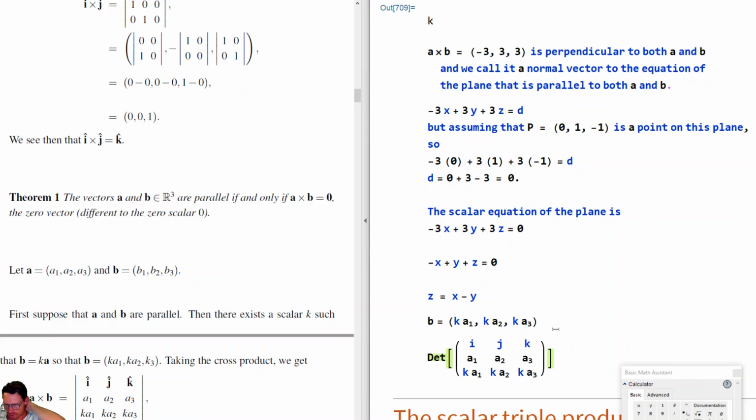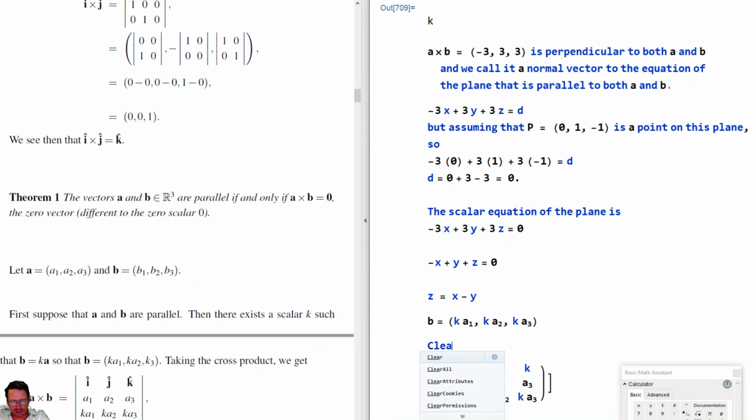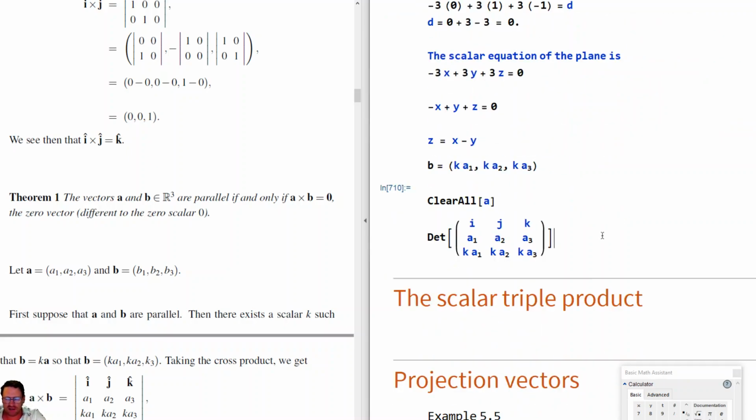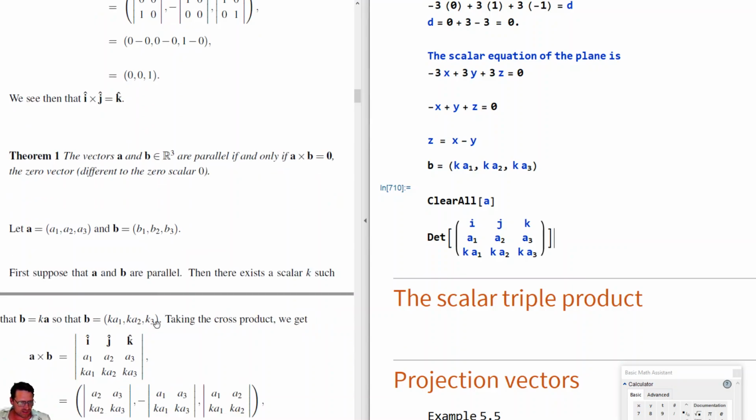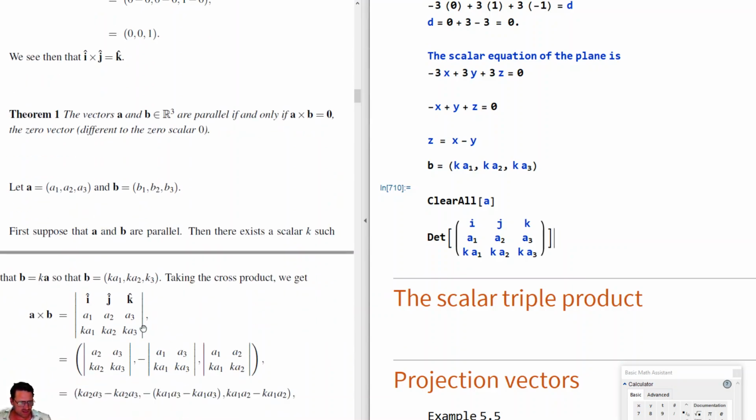And since I'm going to calculate, I need to clear the letter A out of my calculator's memory here, because I want to treat that as a symbol. All right, so let's have a look here. So it seems like the typo doesn't extend to what follows. It's only in this third coordinate of B there.